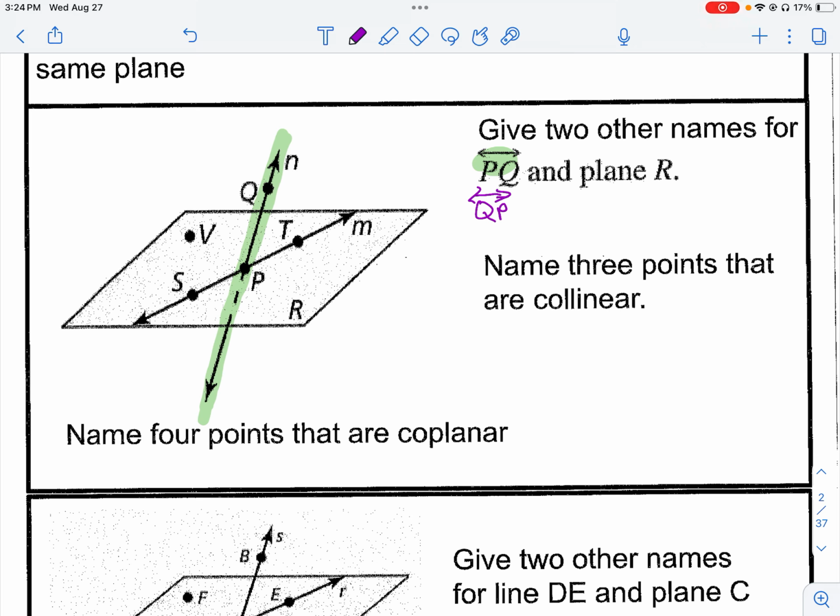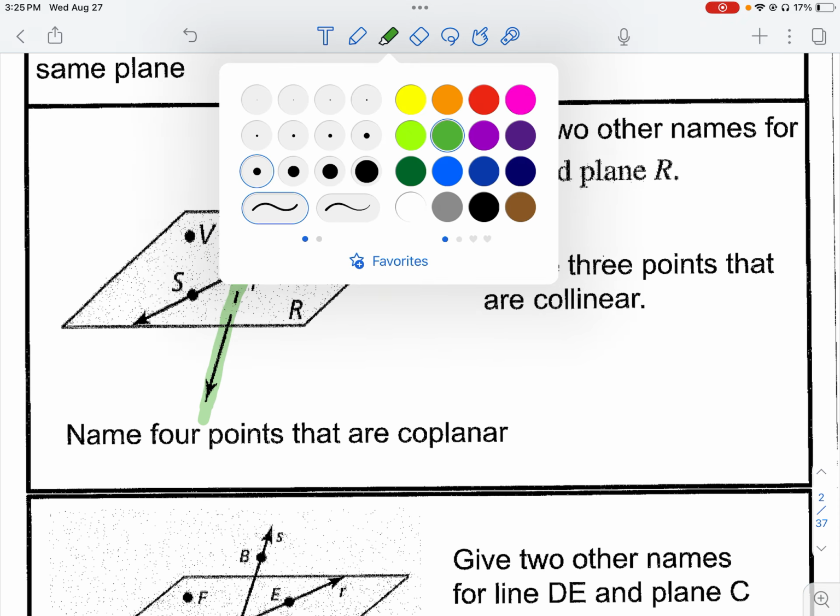Because a line stretches to infinity in both directions, so it doesn't matter if I start at Q, go through P, start at P, go through Q, I'm still getting all the same information. And then if you notice right up here, this little n, well, somebody quite helpfully went and named line QP line N, so we could just use that, which, as other names go, is pretty simple.